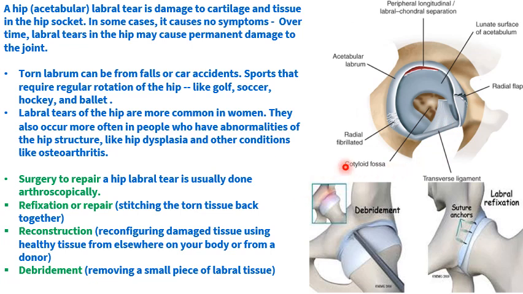If something like that is seen, the torn labrum is sutured with anchor sutures. That is called labral refixation, or debridement can be done. The torn part can be taken out and then it is repaired.